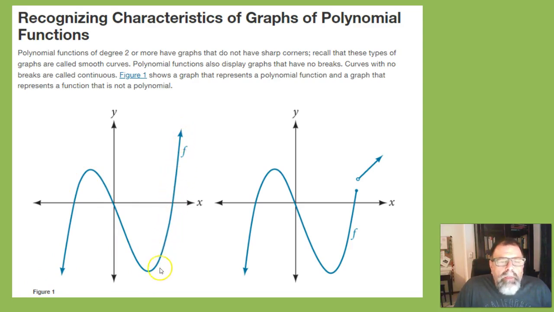I could draw it without picking up my pen if I was drawing it on paper. And then the second one, you can see there's a break right here, and we have a jump. So this might be a piecewise defined function that we've talked about before, where part of it would be a polynomial and then part of it's something else. So it's not a polynomial function because of the break.